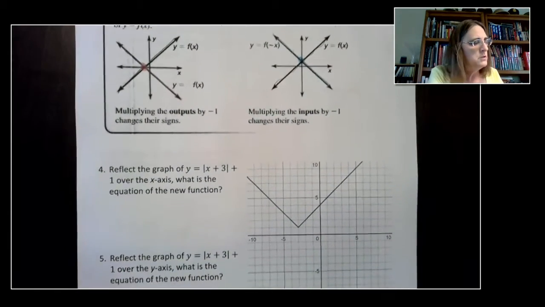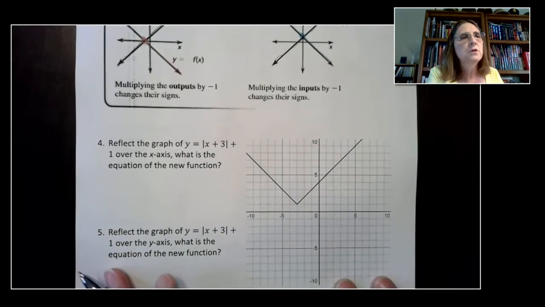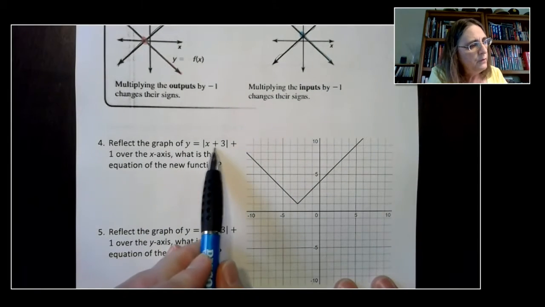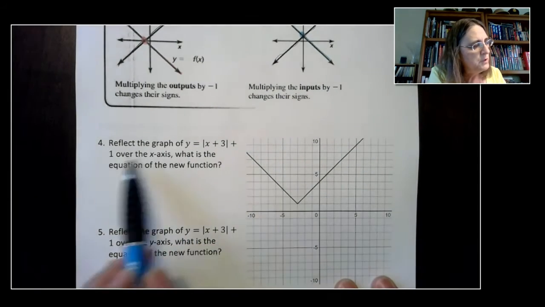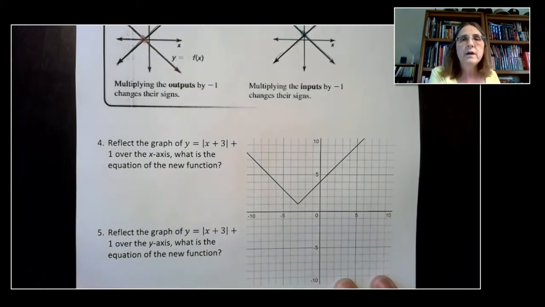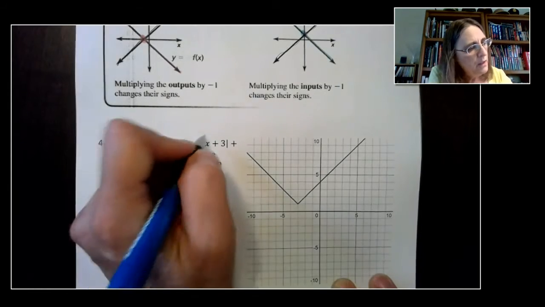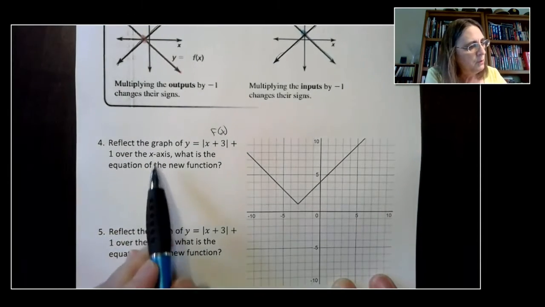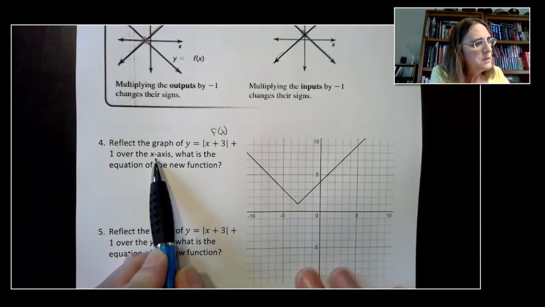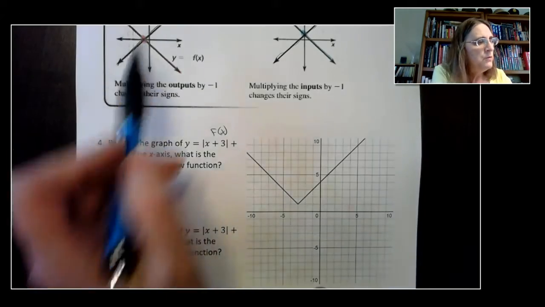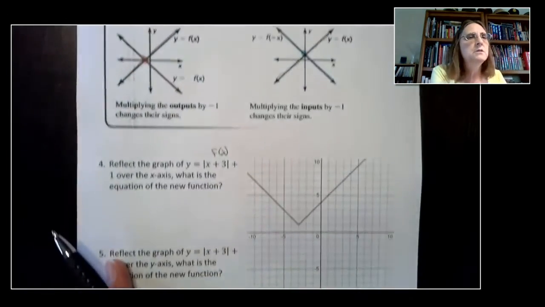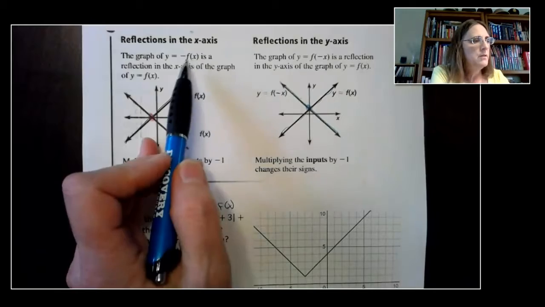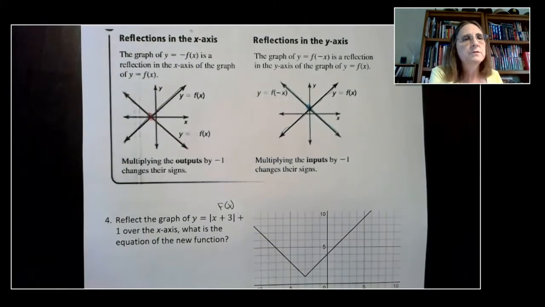Okay, so what we want to do is a couple of reflections. We want to reflect the graph of y equals absolute value of x plus 3 plus 1 over the x-axis. So again, this function is our f of x. This is what we're starting with, and we're going to do a reflection over the x-axis. A reflection over the x-axis means I need to do the negative of f of x.